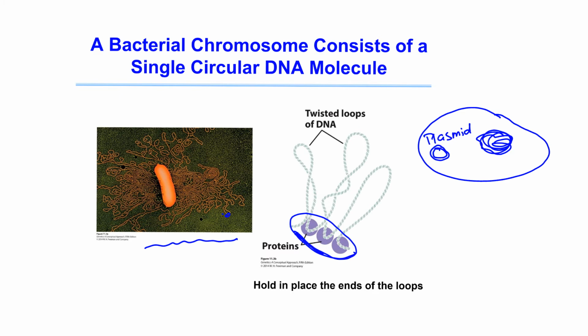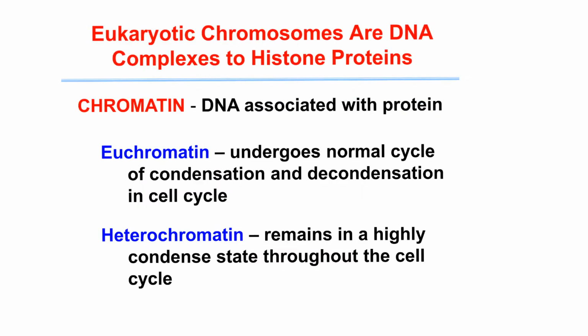Similarly to the bacterial chromosome, eukaryotic chromosomes consist of a single extremely long molecule of DNA. So you can imagine that even during interphase, this long molecule of DNA has to be condensed. It is highly condensed. It undergoes further extreme condensation during the cell cycle.